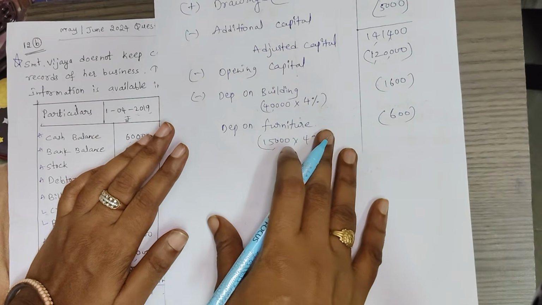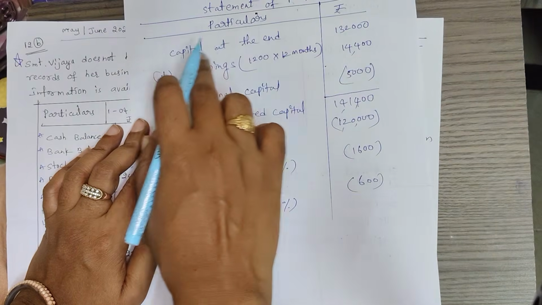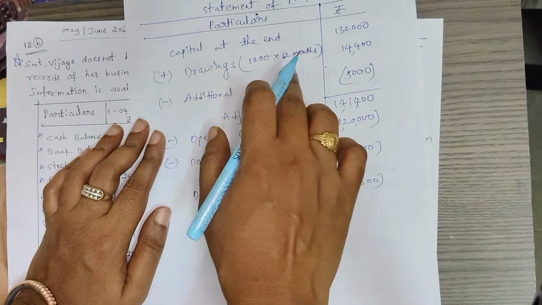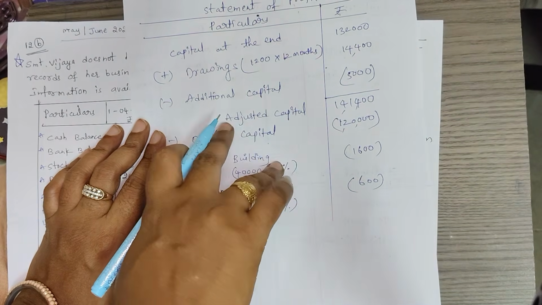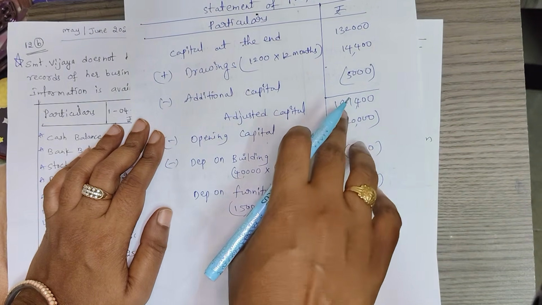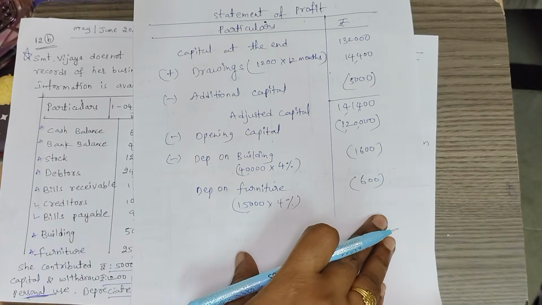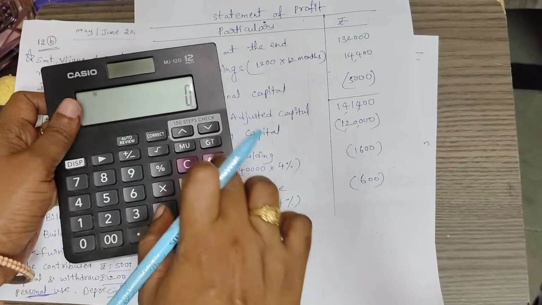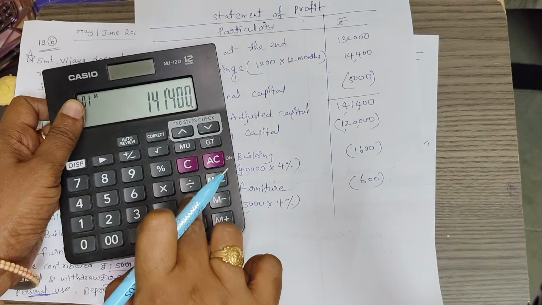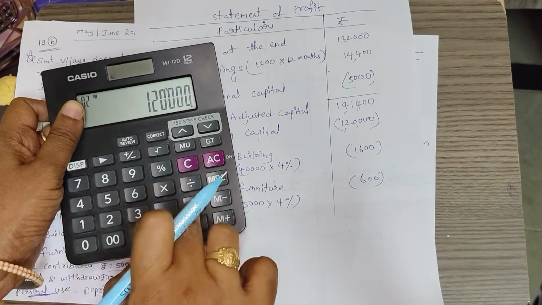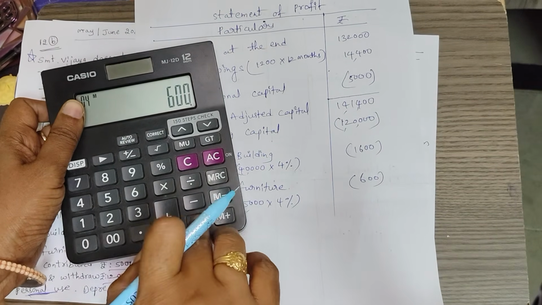Then we need to find out here profit or loss. So how to find out? Already here we taken capital at the end and drawings we added and additional capital is deducted. Then you will get adjusted capital. Okay. From this adjusted capital, deduct these values, you will get profit or loss. 1,41,400 minus 1,20,000 minus 1,600 minus 600.